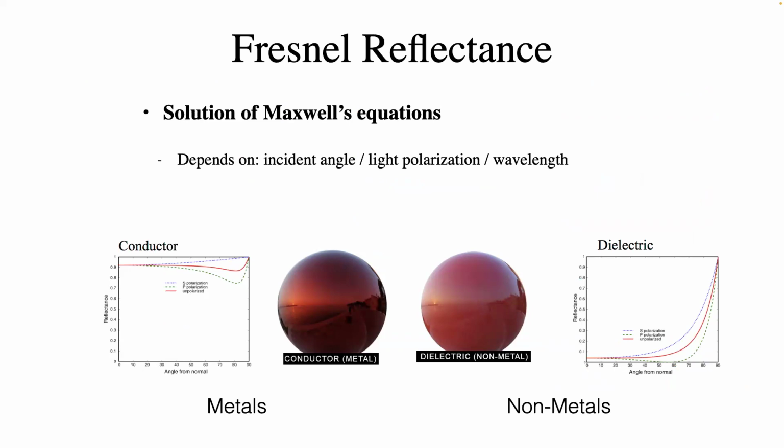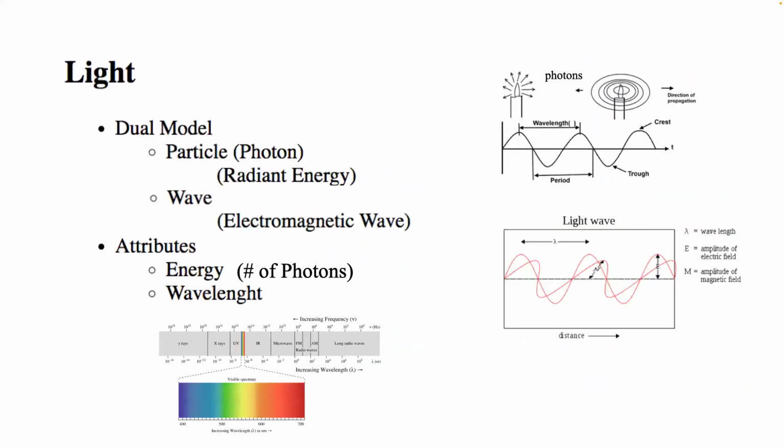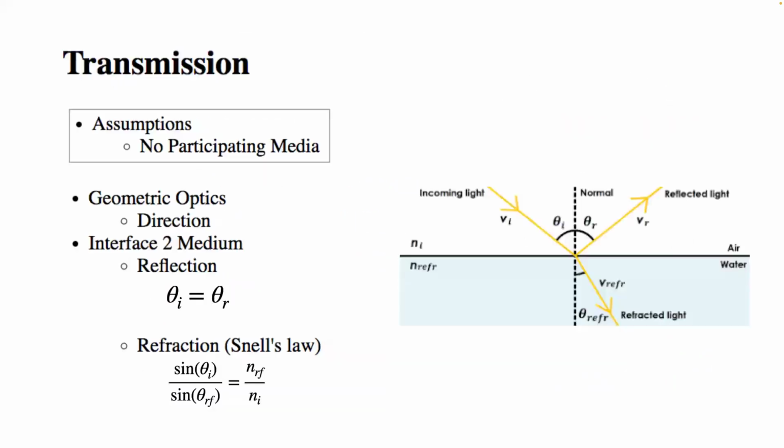Depending on whether the material is dielectric or conductor, you have different issues, because light, in this view of the electromagnetic wave, has different electric and magnetic fields.